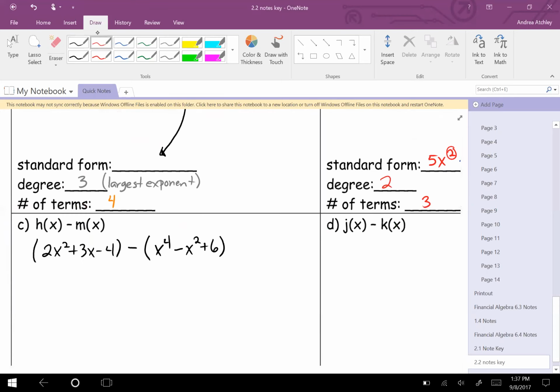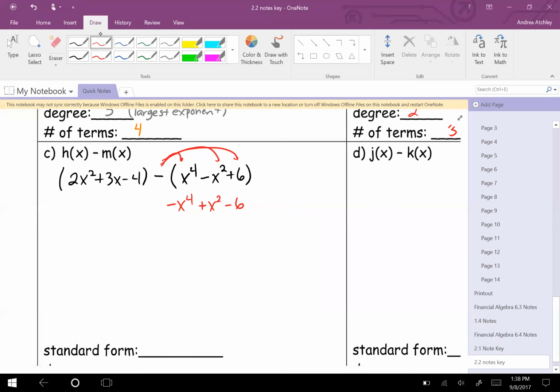Okay, you first need to distribute that negative and get negative x to the 4th minus x squared. Oh, sorry, a negative times a negative makes a positive x squared. And then a negative times a positive is a negative 6. Then we combine our like terms. The 2x squared and the x squared, this is like a 1 in front, gives me 3x squared.